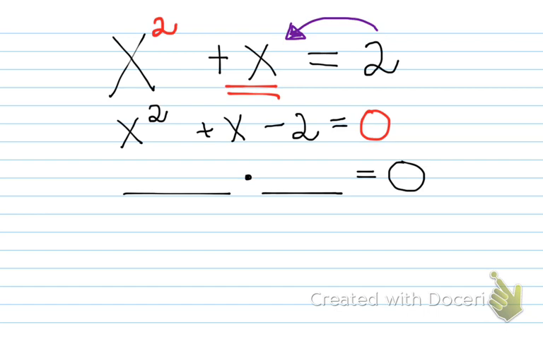We then find the two numbers to write on the blanks by using 3 steps. So on the side, you start with the first number, x squared. Find two numbers that multiply to be x squared. Well, that's x times x. And then we move on to the third number.